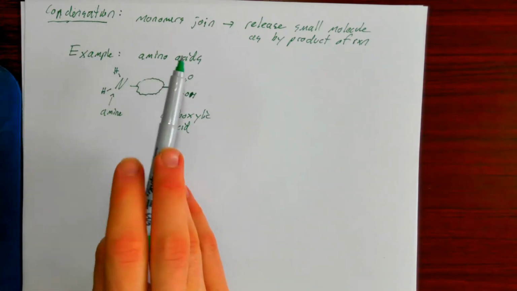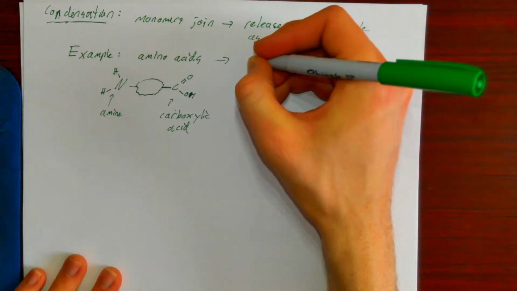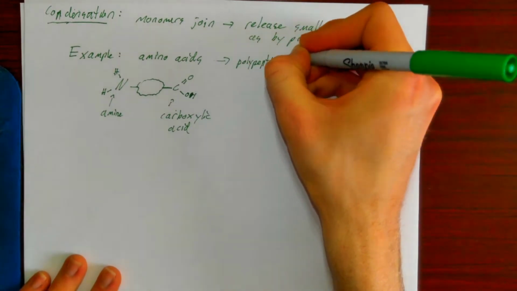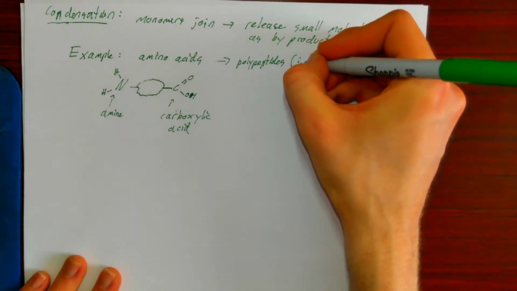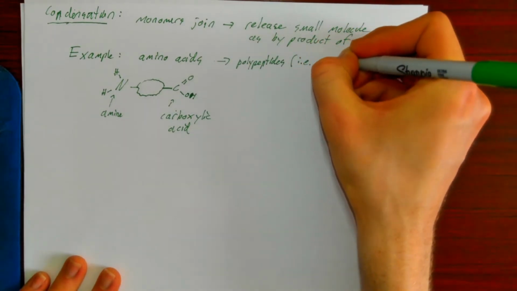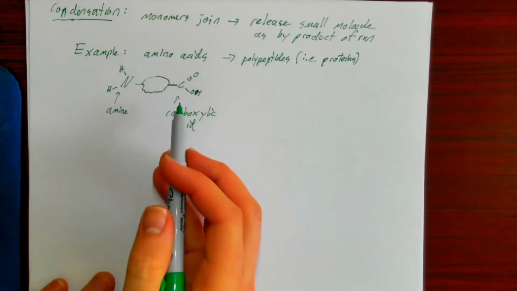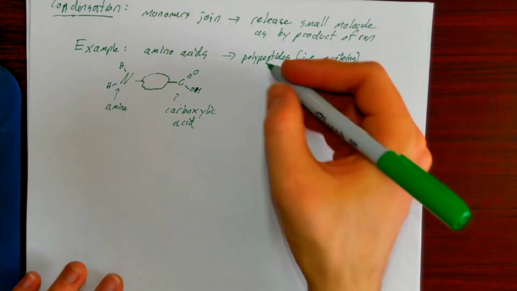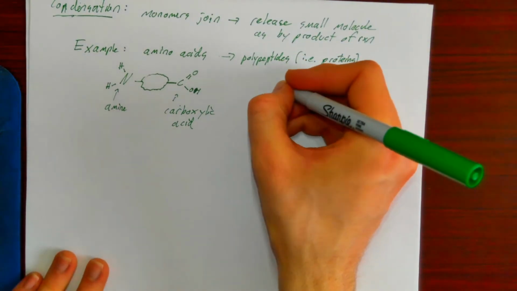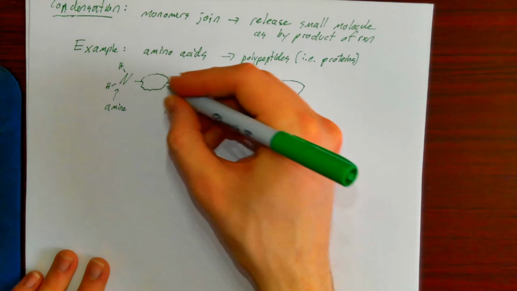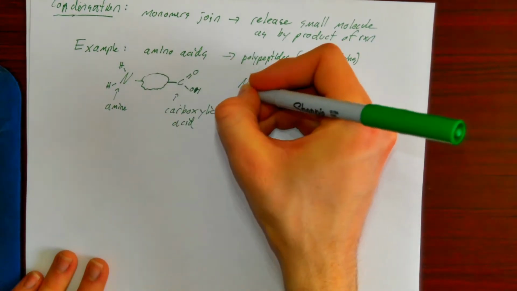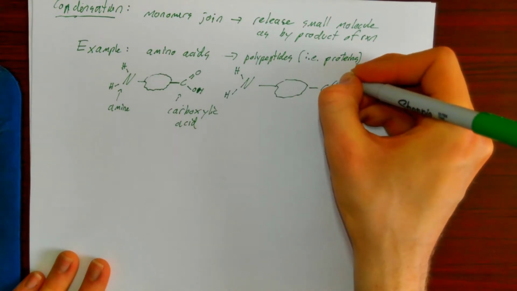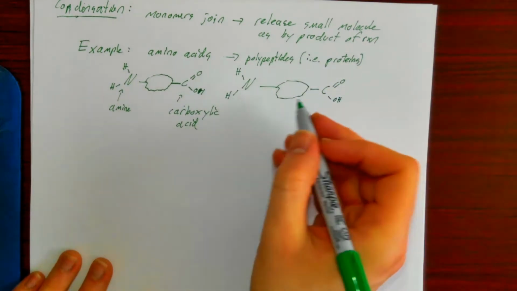and then amino acids join one another to become polypeptides, i.e. proteins, by the amine group on one side reacting with the carboxylic acid group on the other side to form a bond. So for example, we might have one amino acid right here and another amino acid right here, and the NH2 and the COOH.